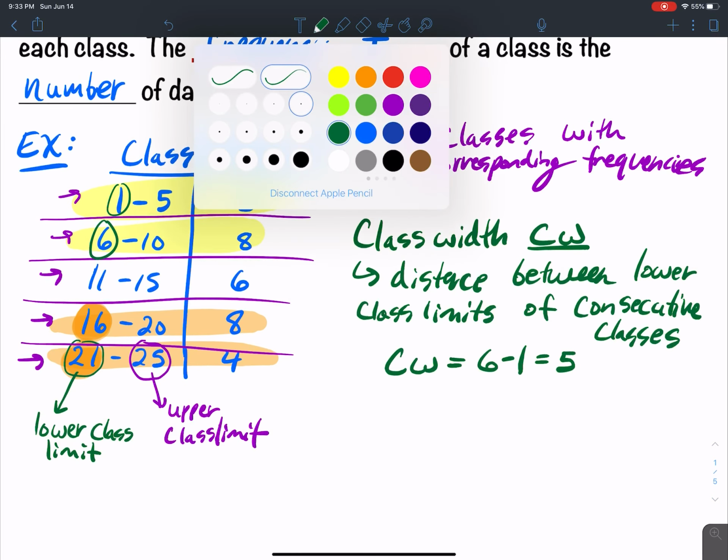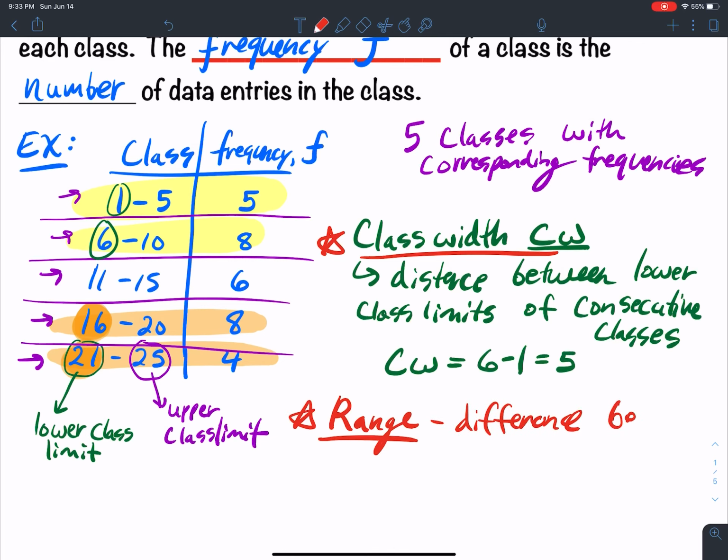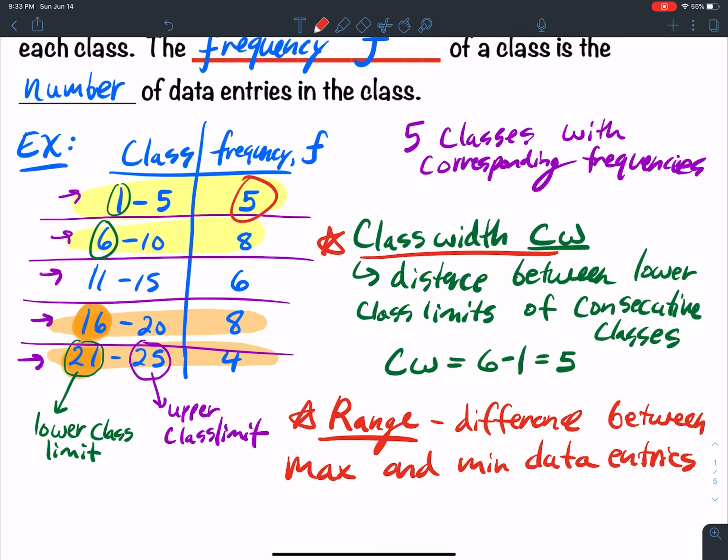So another definition is the range. The range is another important definition. The range is the difference between the max and min data entries. So with this frequency distribution, the downside of this is we don't know what the data points are between 1 and 5.